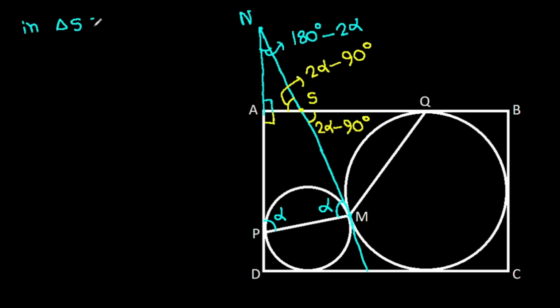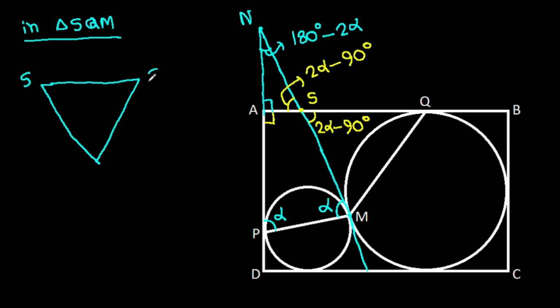Now in triangle SQM, we have SQ is equal to SM. That means these two angles, they will be equal.